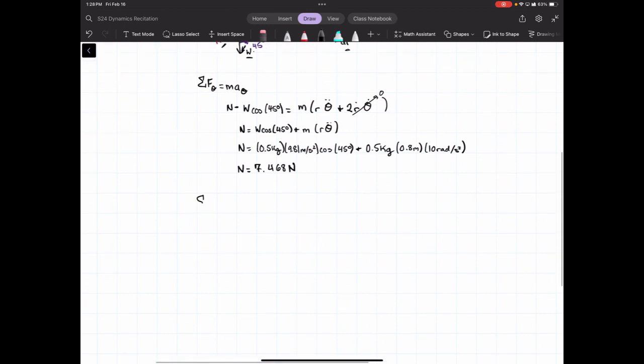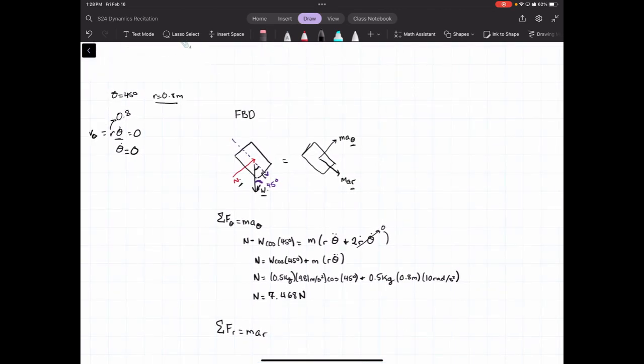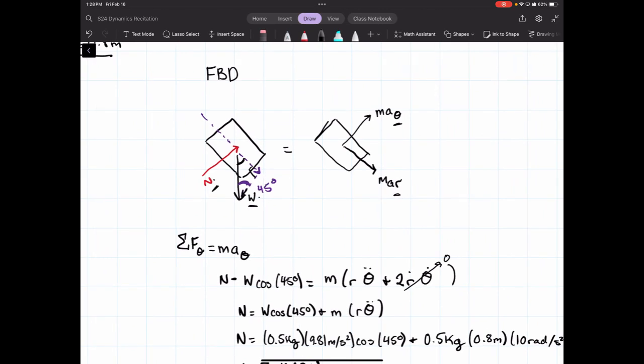So we have the sum of F in the radial direction is equal to m a_r. Then the only component that we have in the radial direction is this component of the weight.